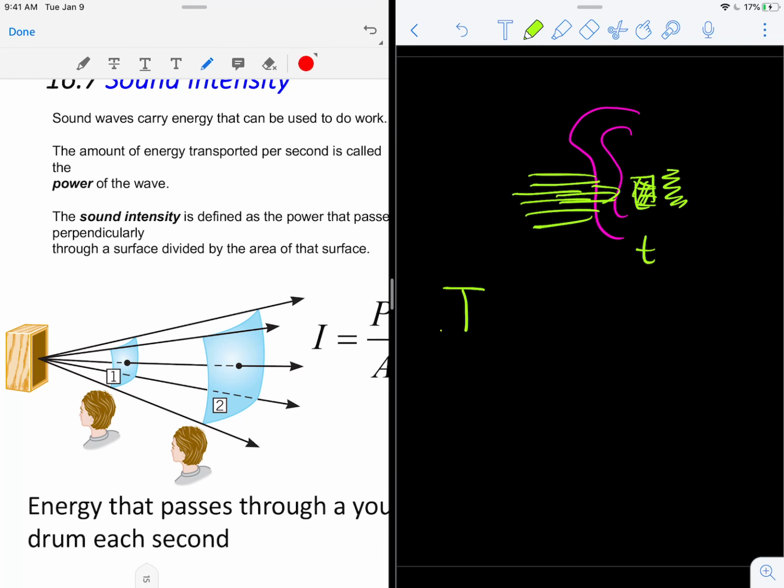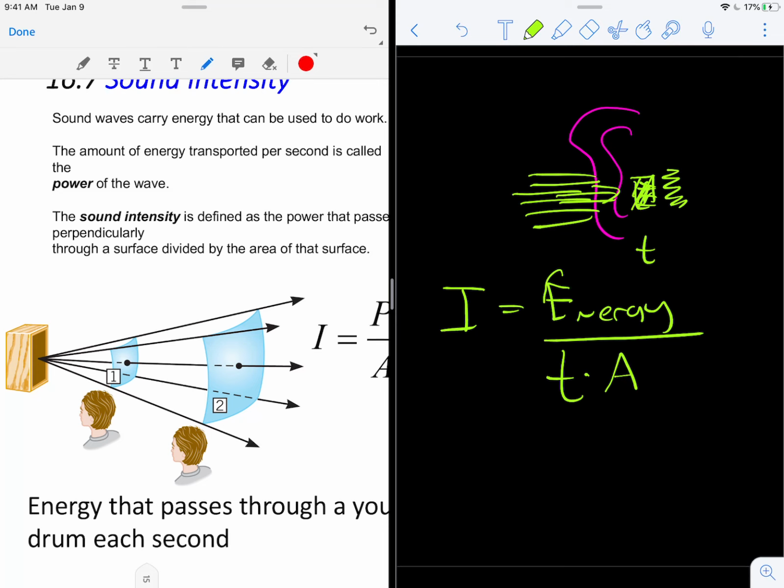So intensity is pretty much the energy that's transmitted to your ear, that passes through your ear each second. Well, not just your ear, but the area, like this opening of your ear here.